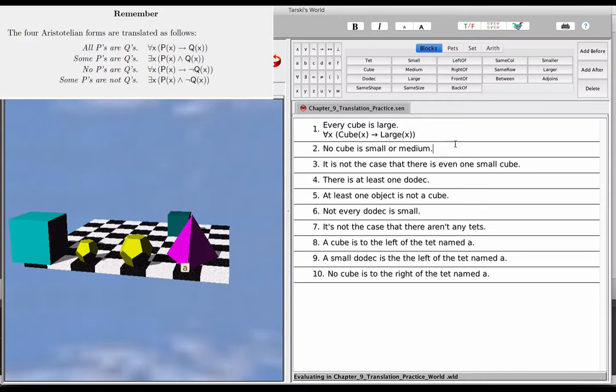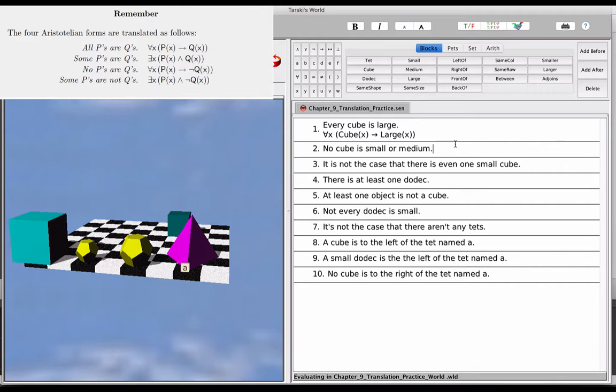Next, the sentence, no cube is small or medium. Now, we've got 3 predicates, right? We've got our subject, class, cube, which becomes a predicate term. And then we have the predicates small and medium.